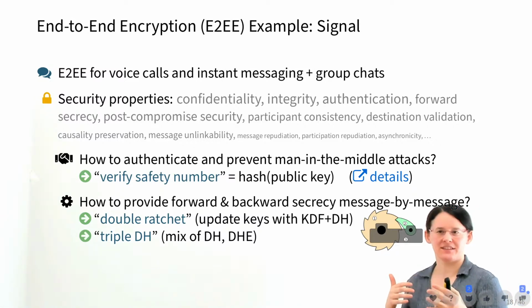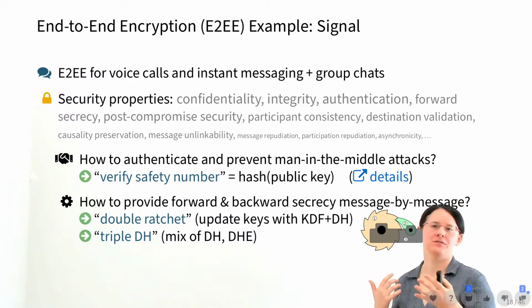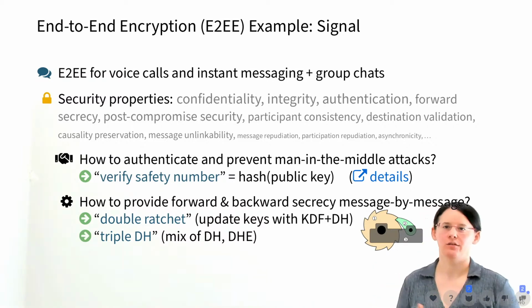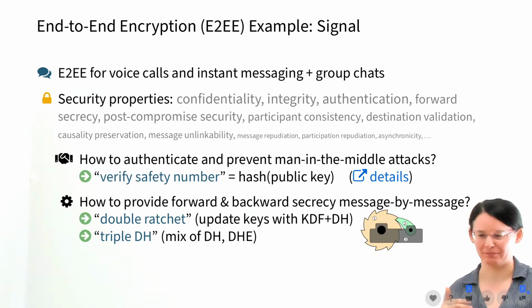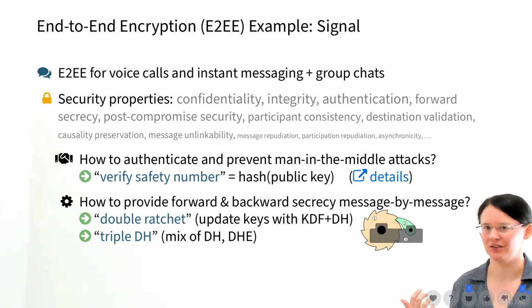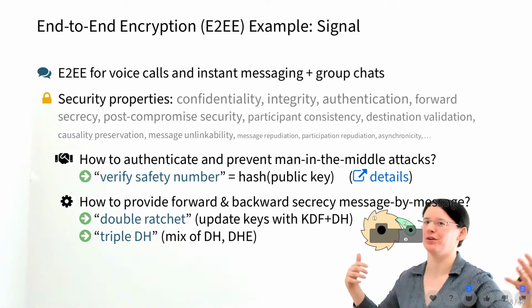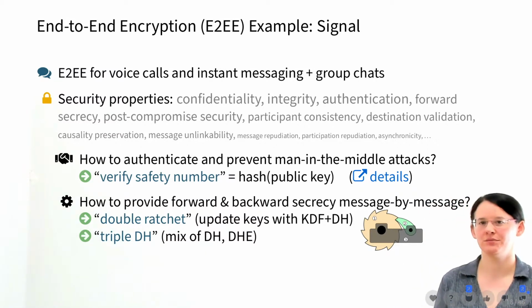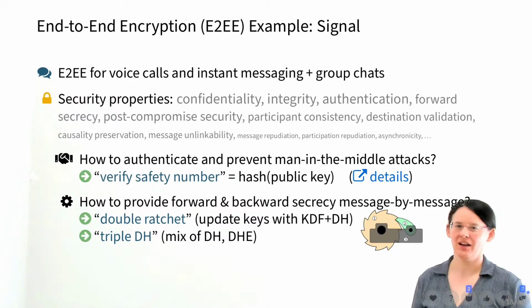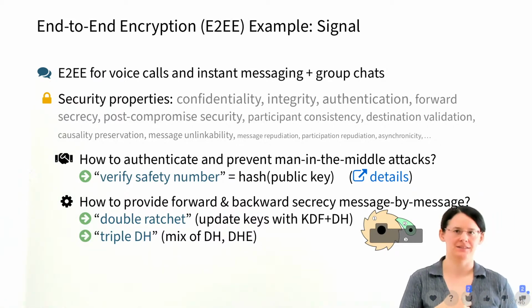And within the session you don't actually have forward secrecy, but it's very short, so as soon as it's over, the forward secrecy kicks in. In Signal, you don't actually have this situation. Your one communication stream, your chat, might actually last for years. So you talk to this person for years and just occasionally send a message. So you would really like to have this property, this forward secrecy, on a message by message basis.